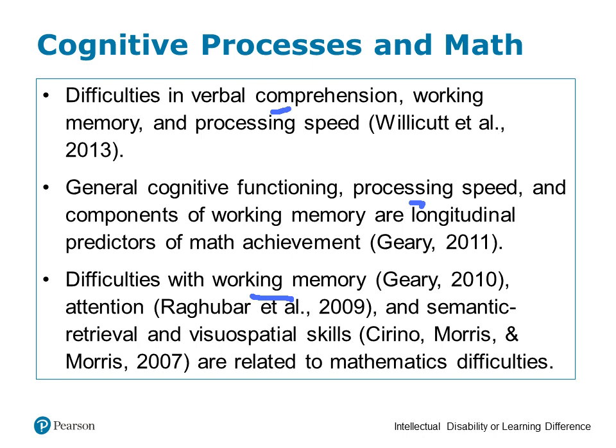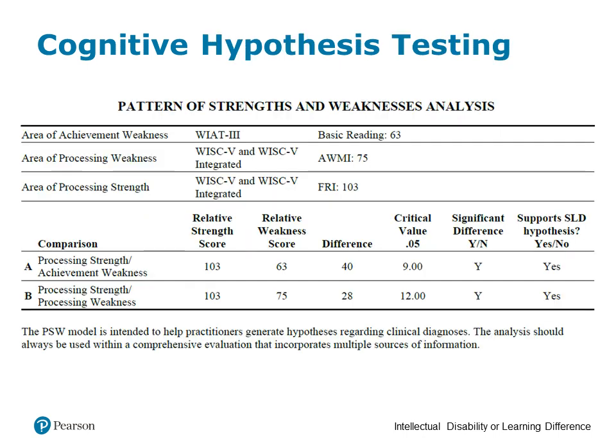So one of the things that we did with this particular case study is to think not just about underachievement relative to ability, but to think in terms of patterns, and to maybe think about cognitive hypothesis testing. So when you think about cognitive hypothesis testing, certainly PSW analysis, or pattern of strengths and weaknesses analysis, is one of the methods that are used with that third method identified by IDEA, that pattern of strengths and weaknesses.